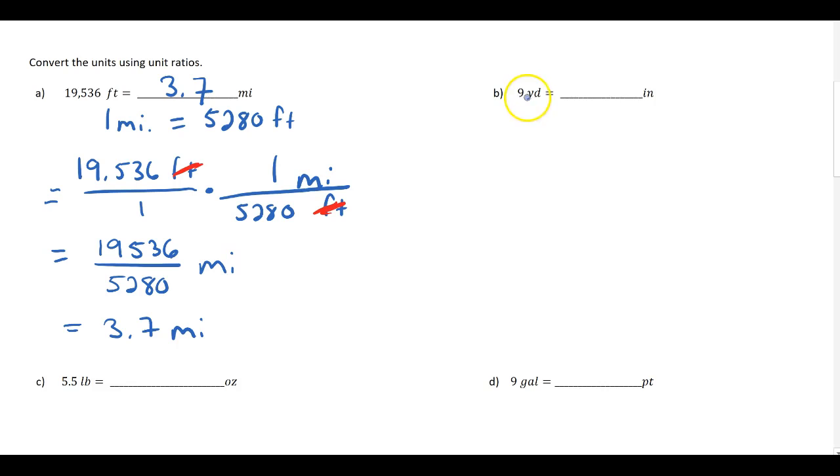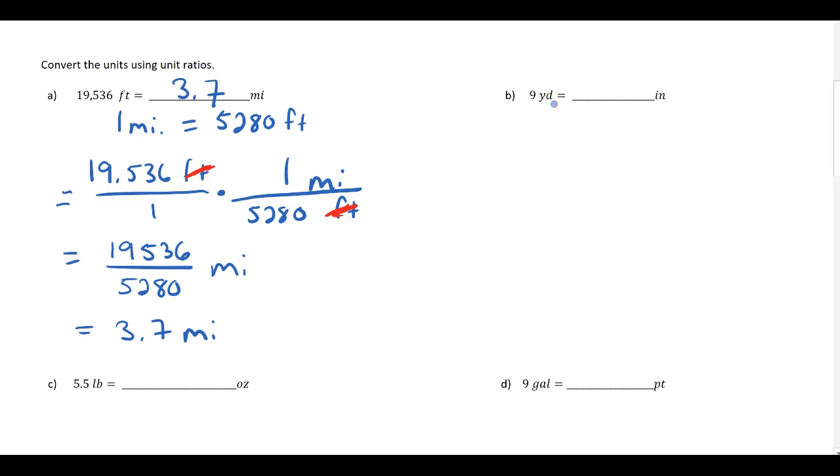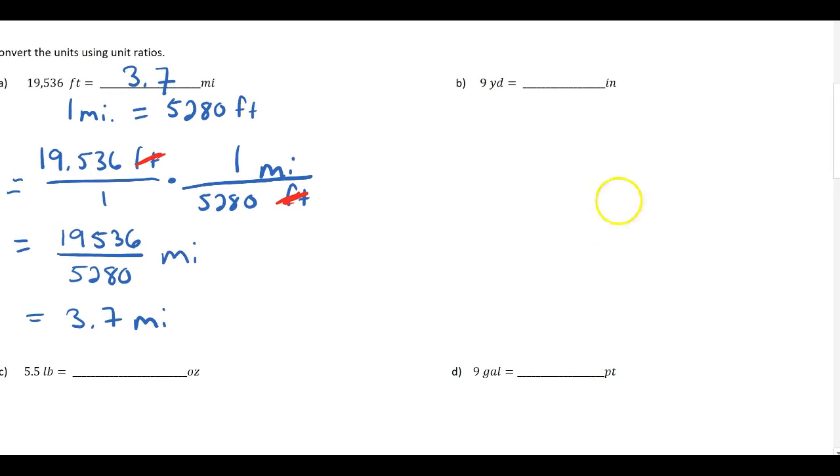Let's look at if I have 9 yards equaling how many inches. This one, if you notice, I don't have a yard to inch ratio. I have 1 yard is equal to 3 feet, and then I have 1 foot is equal to 12 inches.